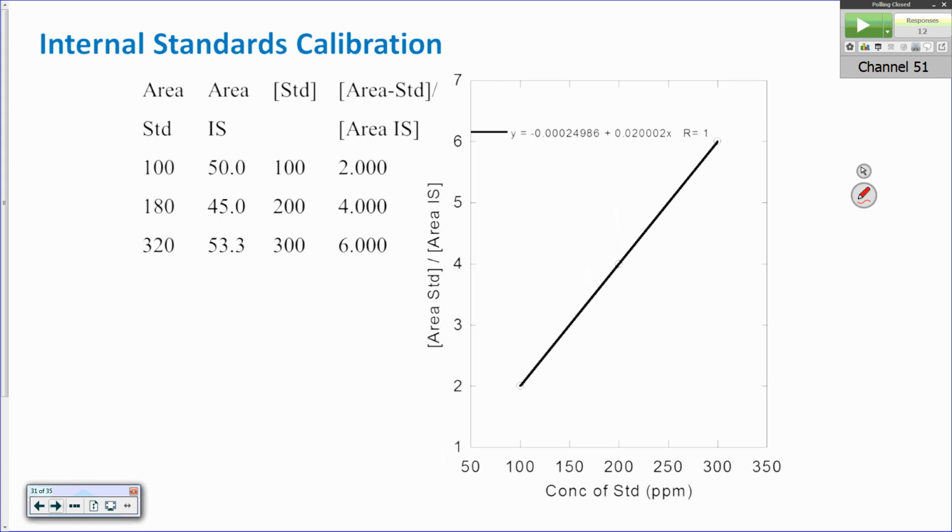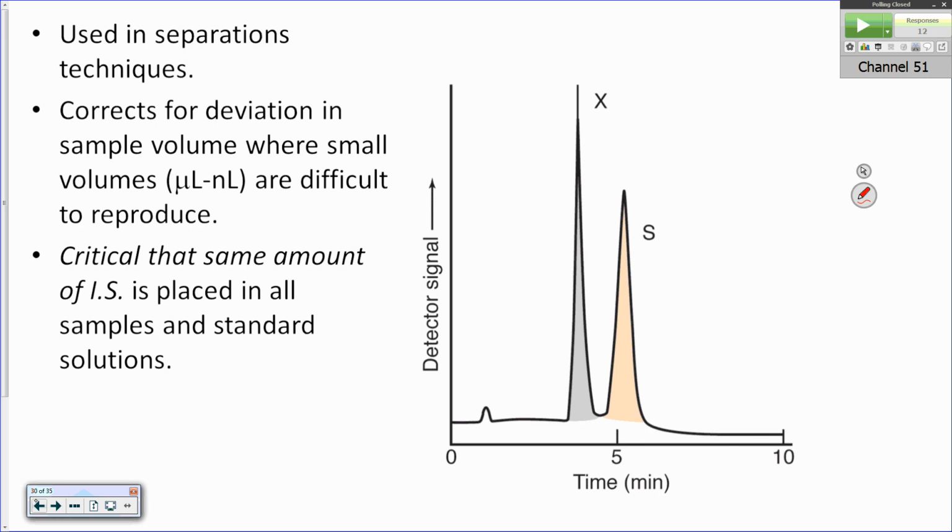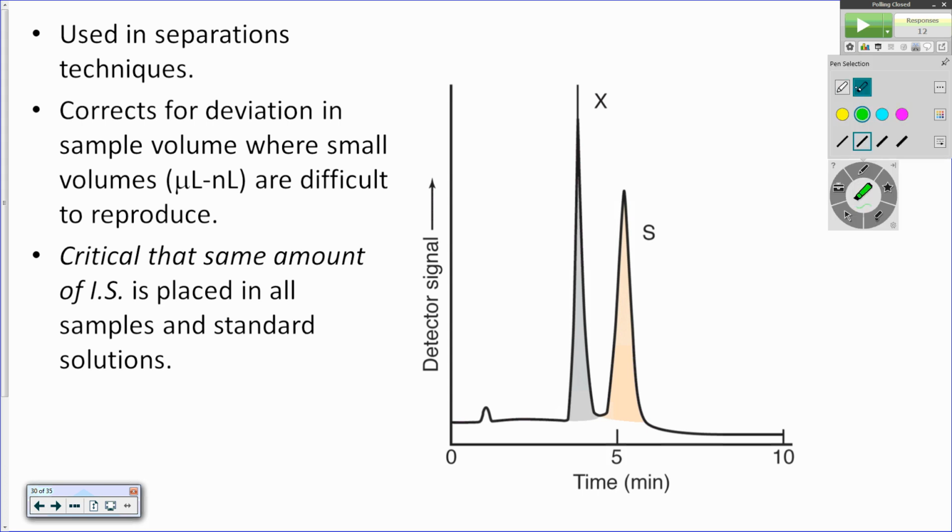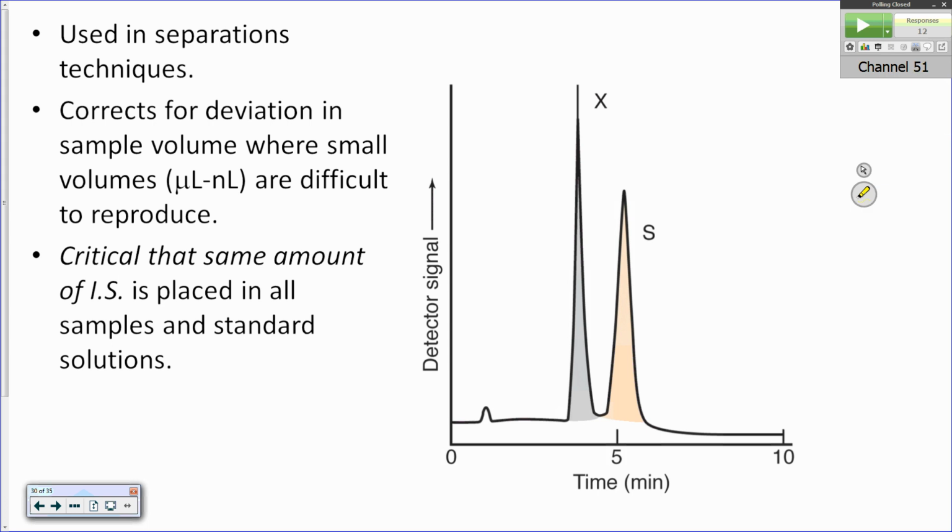This is an example of what it may look like, and the reason we tend to want to do this is that it works really well at correcting for analyses where the amount of sample analyzed has the potential to vary.